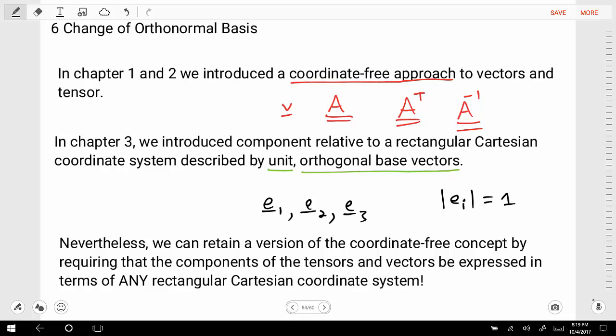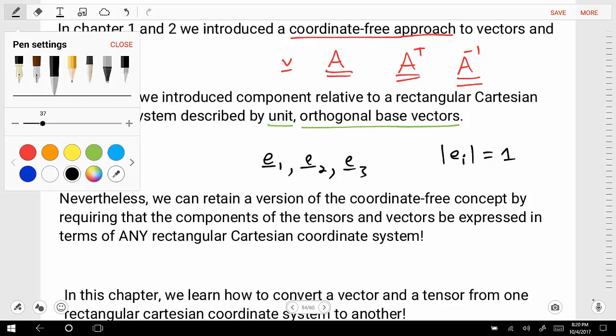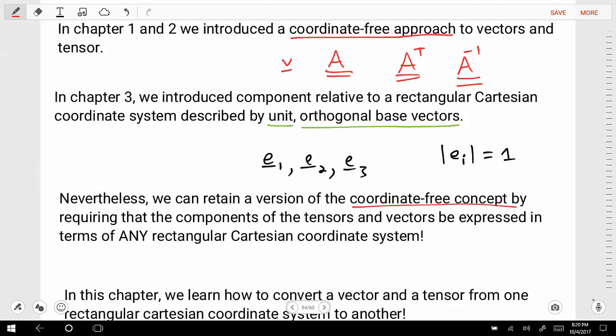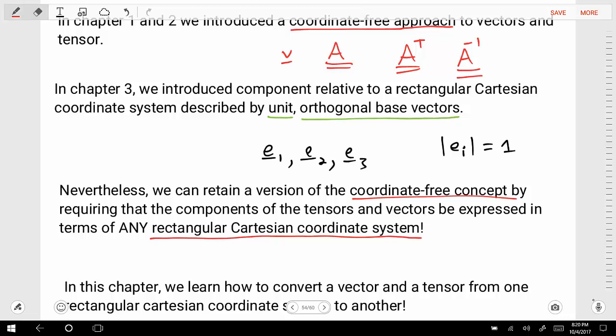Now, even though we've introduced the concept of base vectors, we can still retain a version of the coordinate-free approach when we are describing vectors and tensors, in the sense that we can describe the vectors and tensors using any Cartesian coordinate system, right?